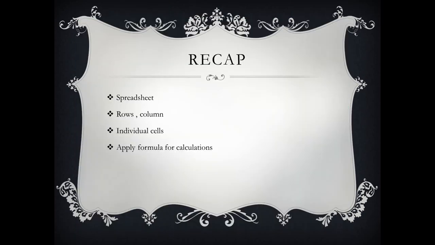So let's recap today's topic. We have the spreadsheet first, which is the combination of rows and columns, and it will save your records in the form of rows and columns. It will also help to arrange your data in individual cells.